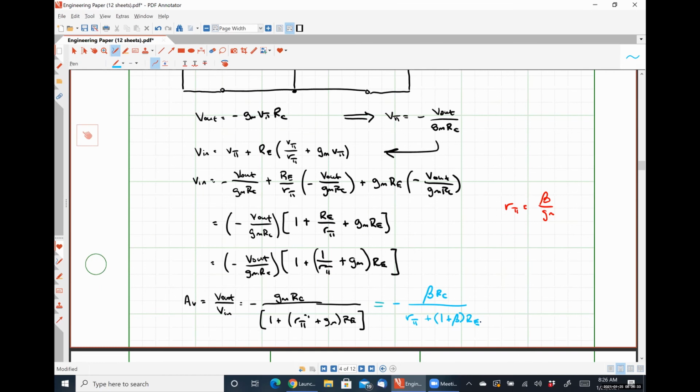Just expressing the voltage gain of my amplifier in a slightly different form that's going to help us show what an effect is shortly.